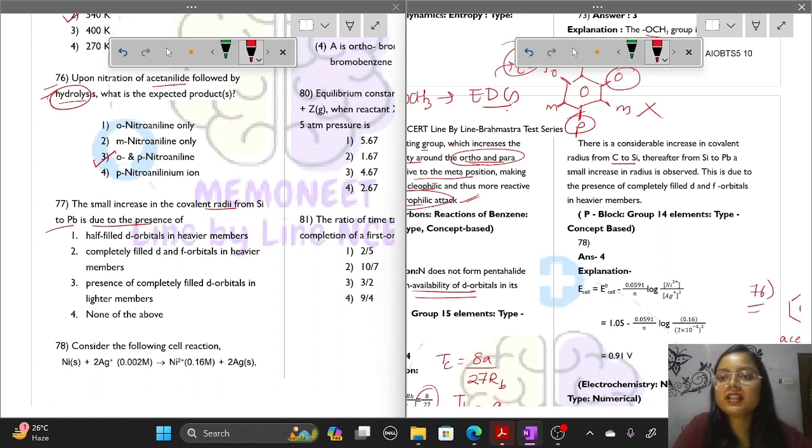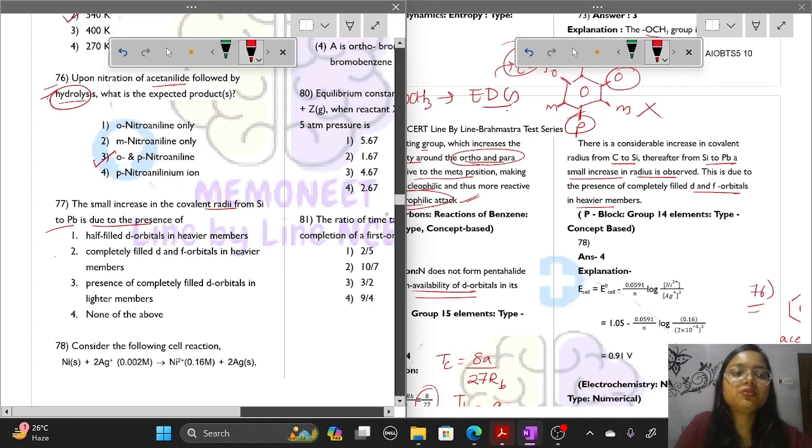Thereafter from Si to Pb there is a small increase in the radius, which is due to the presence of completely filled d and f orbitals. Option number 2 will be correct.